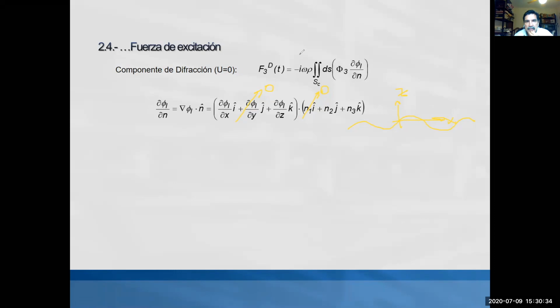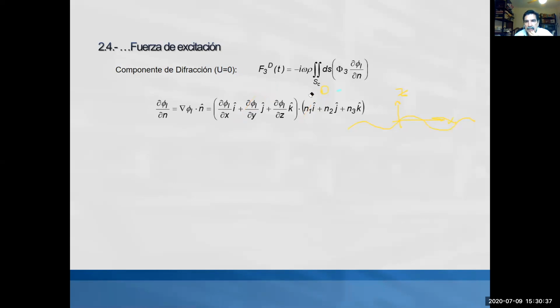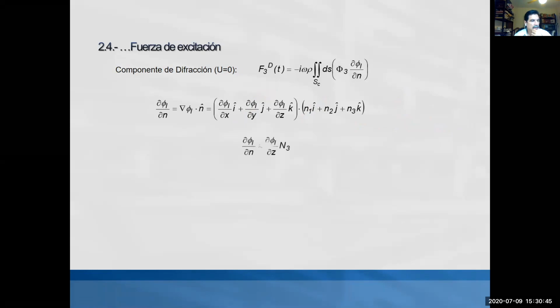Okay, so let me erase all of this. There. We can go on. So d phi I dn, which is in here, is just this times that. And since we are leaving out N1, that means that we are applying strip theory, and we are considering that for every section, the axial component N1 is negligible. And we emphasize that by putting the N3 in large N, meaning that this is a 2D problem.